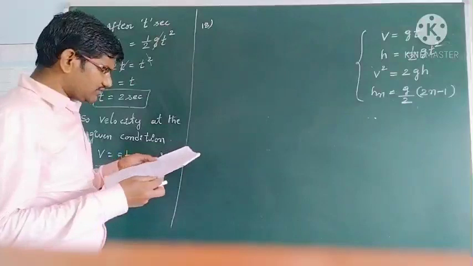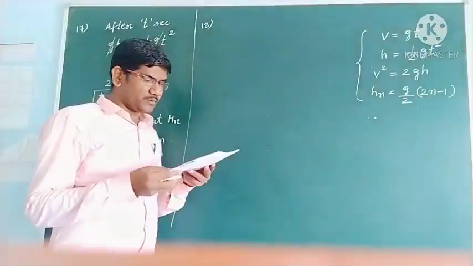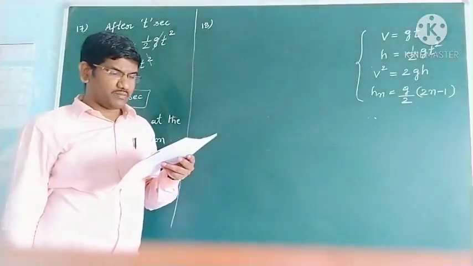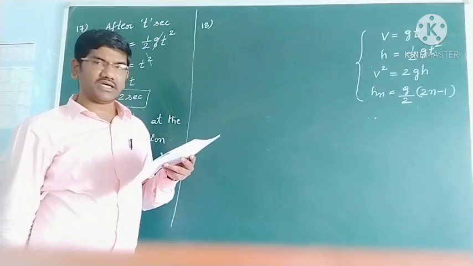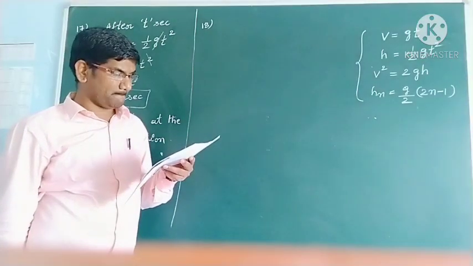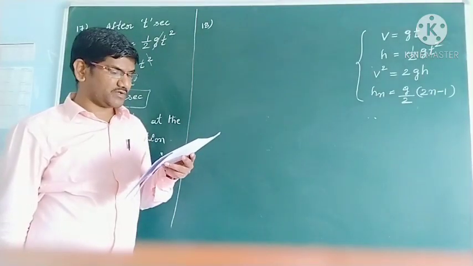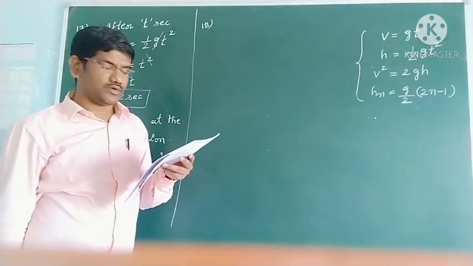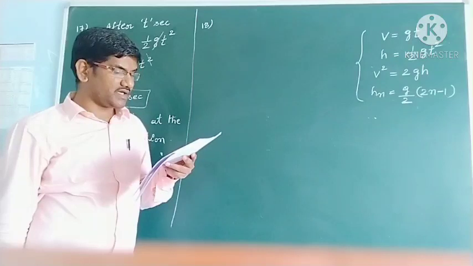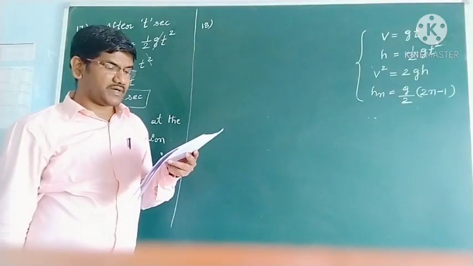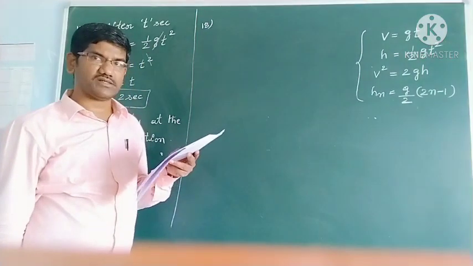Now we can go for the 18th problem, students. See, two bodies are dropped freely from 2 points separated by a distance of 10 meters, one vertically below the other.